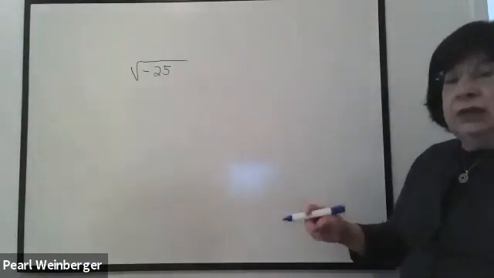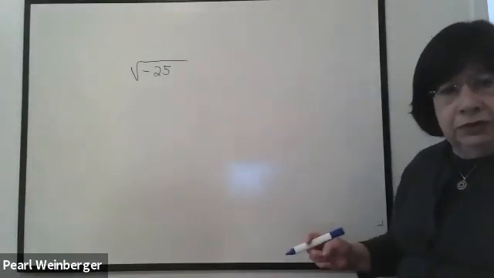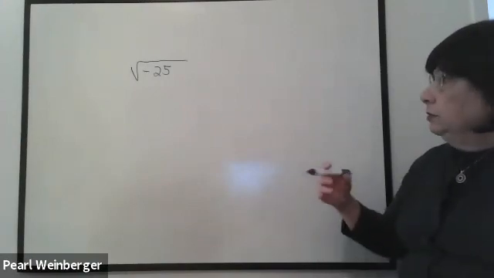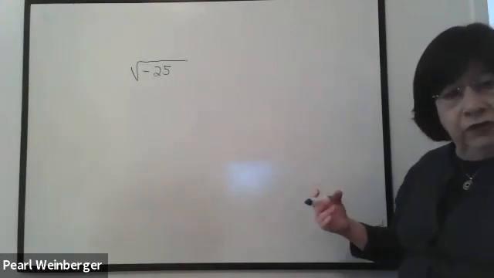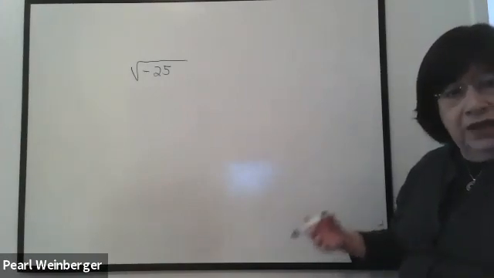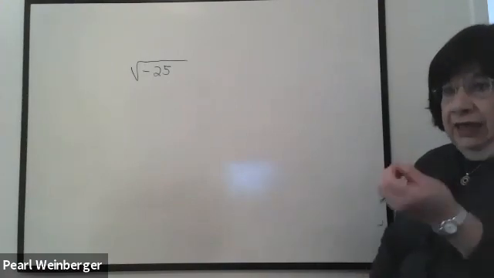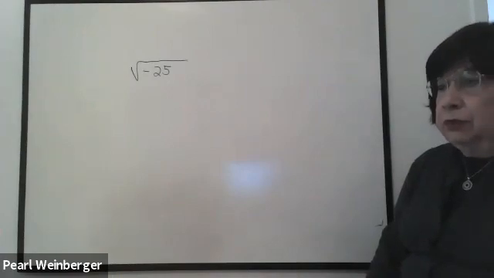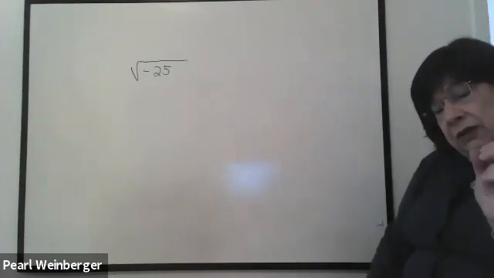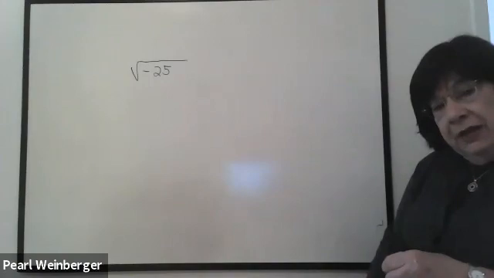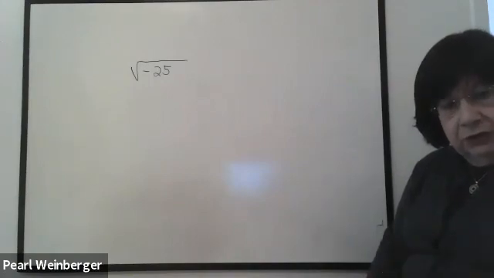You can't do it in the regular real number system because the square root of negative 25 means what number times itself will give you negative 25. And that negative is a real problem because when I take a positive number and multiply by itself, my answer is going to be positive.